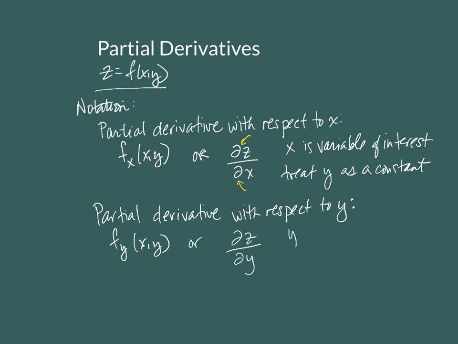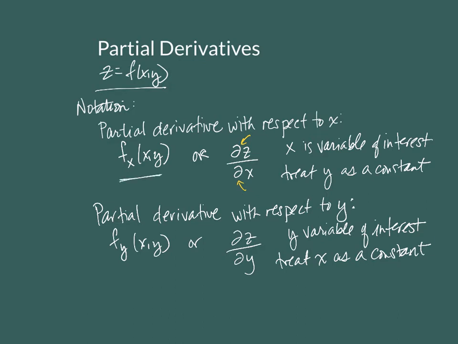In this case, y is the variable of interest, and we treat x as a constant. Okay, so there's our notation that we're going to use. We're pretty much going to be using the f sub x and f sub y notation, but I included the others because they do appear in books and online and all sorts of different places. So I just wanted to note that notation as well.